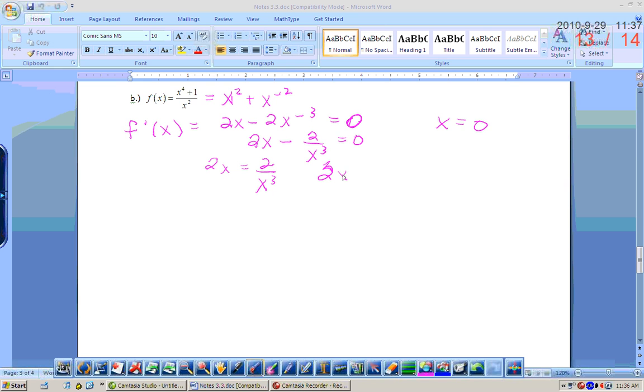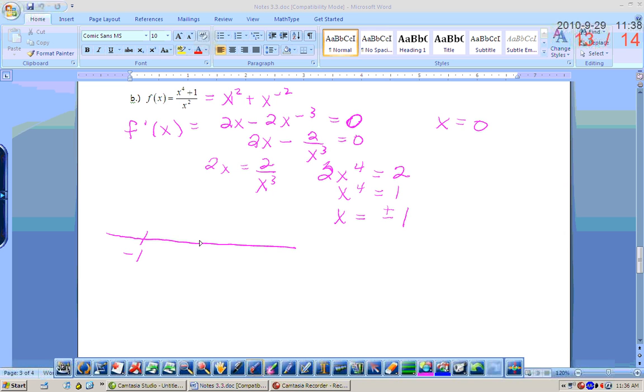So 2x to the 4th equals 2. X to the 4th equals 1. And therefore, x equals what? Plus or minus 1. So how many critical points do I have? 3.